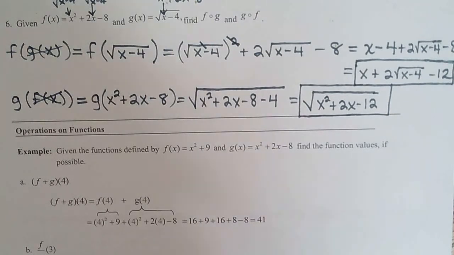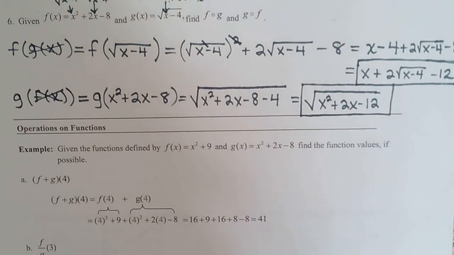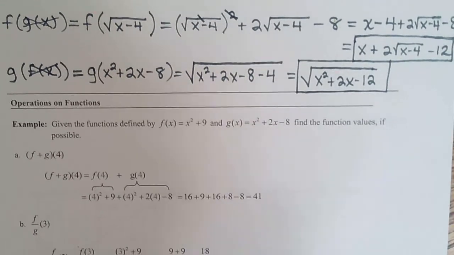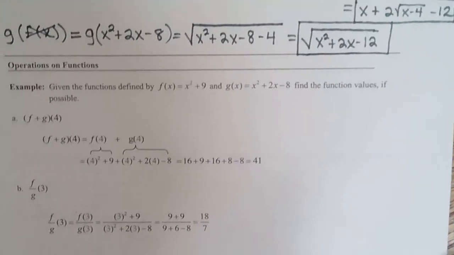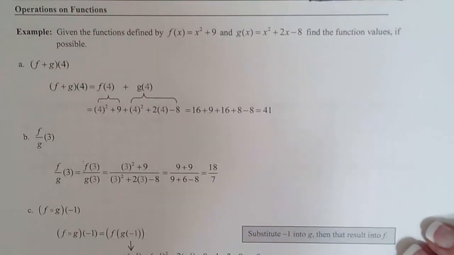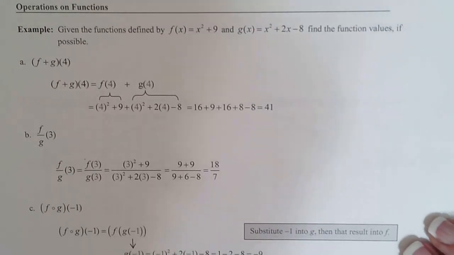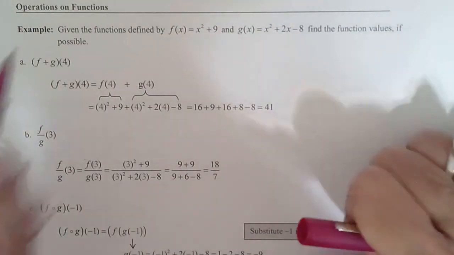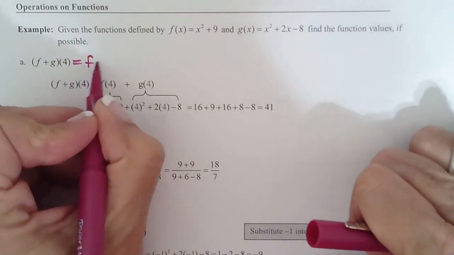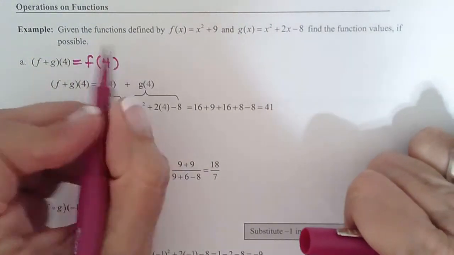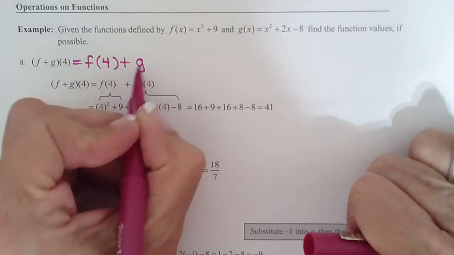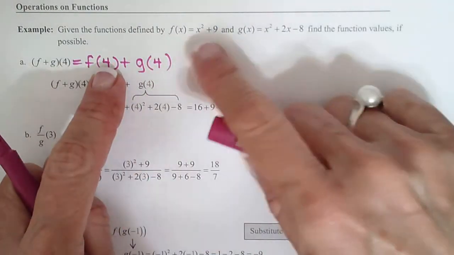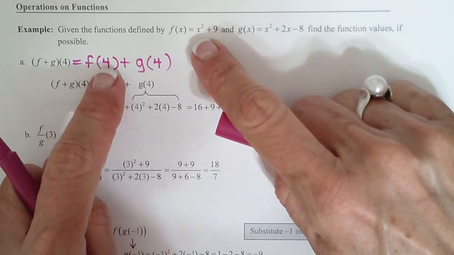Okay, so now we're going to evaluate these functions, and like I said, this is so much easier. So we're actually plugging values in for x instead of working with all the x's. So I think you'll find this a lot easier, hopefully. So this, remember, is f of 4 plus g of 4. So we go into f, and everywhere we see a 4 or x, we replace it with 4.